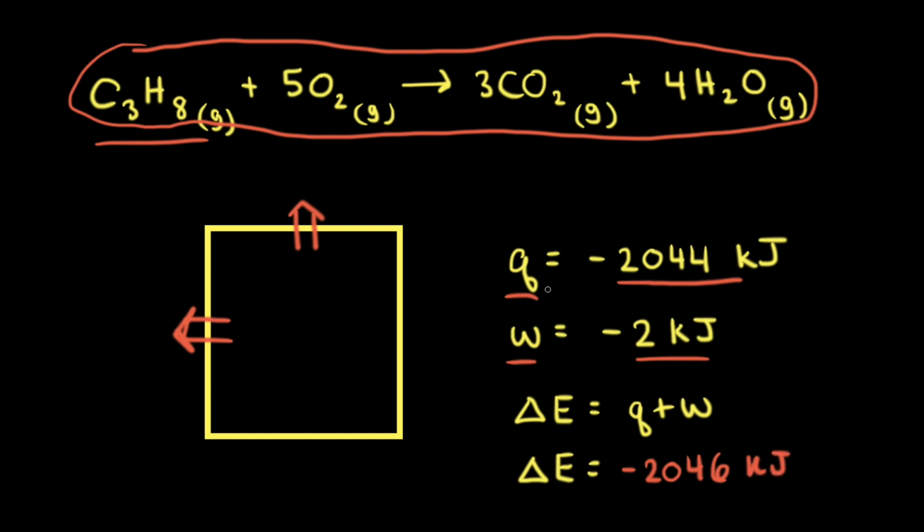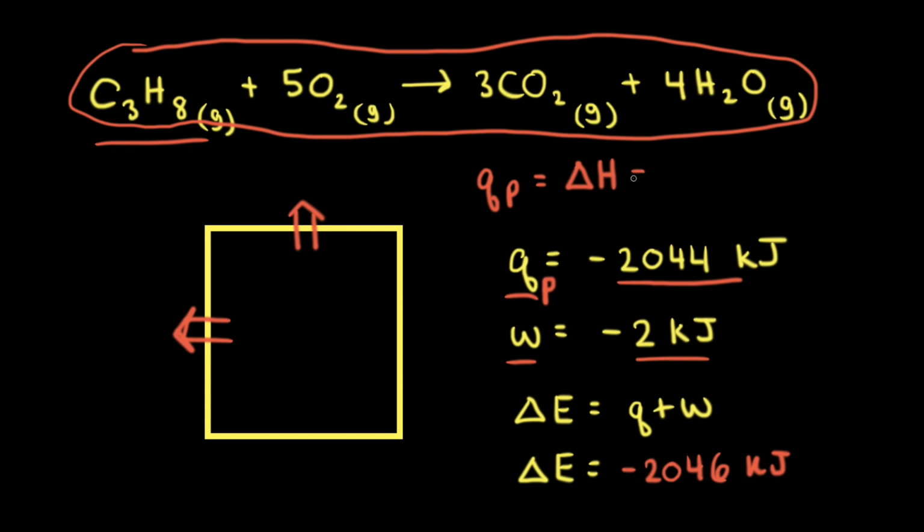Since this reaction was carried out under constant external pressure, we can write Q sub P here. So Q sub P is the heat that's transferred at constant pressure, and that is equal to the change in the enthalpy, which is symbolized by delta H. So the change in enthalpy is the heat that's transferred at constant pressure.